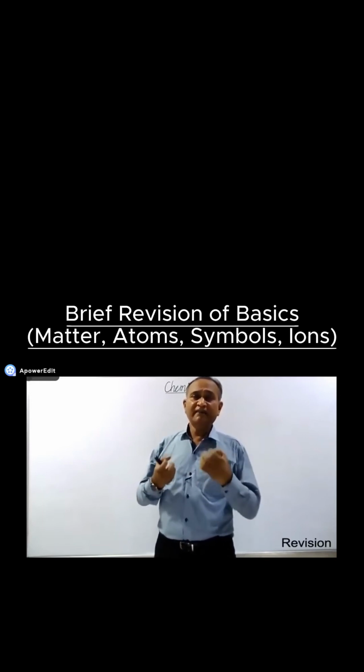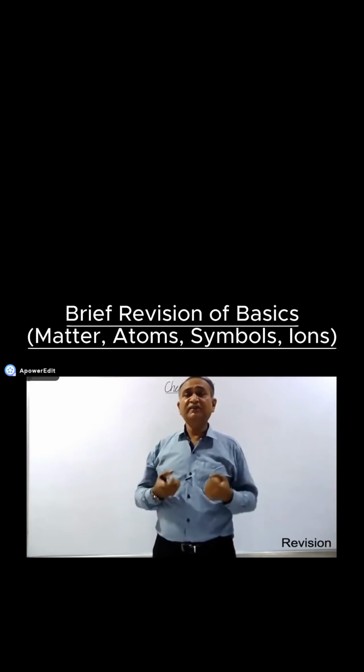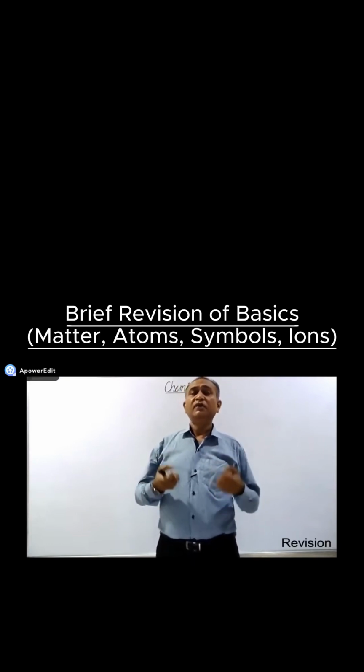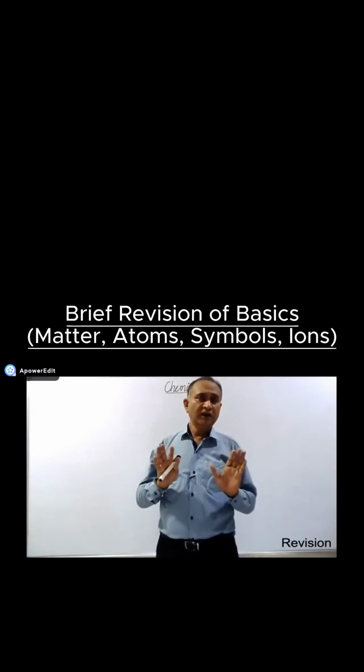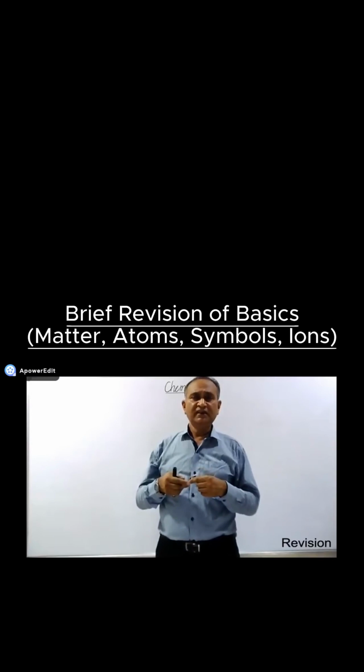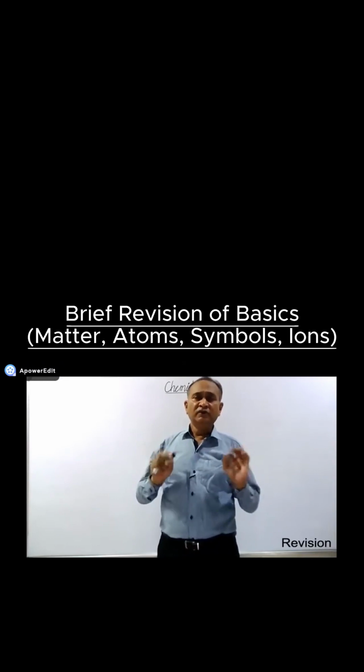If an atom has 7 protons, we call it nitrogen. If you find an atom which has 8 protons, we call it oxygen, and so on. Okay? It means as the number of protons changes, the name of the element also changes. Clear? So this is very important.